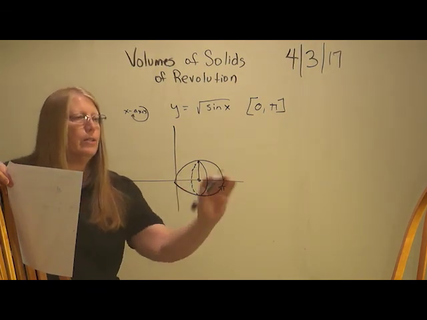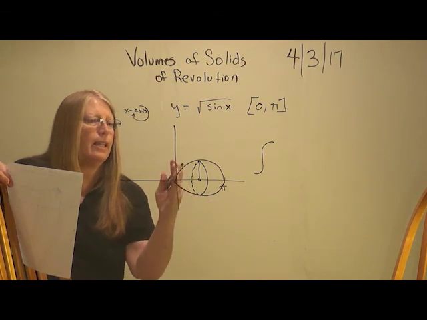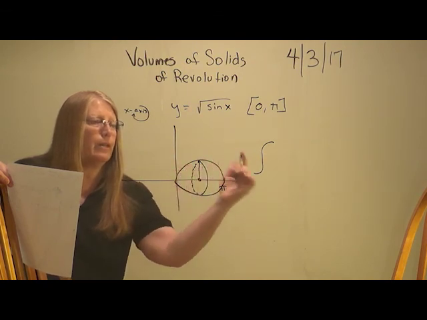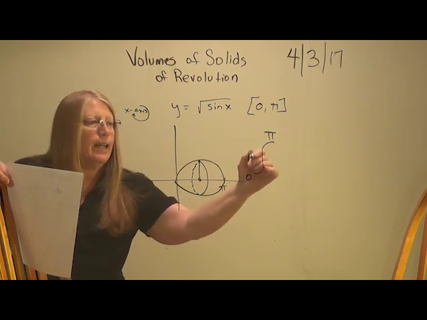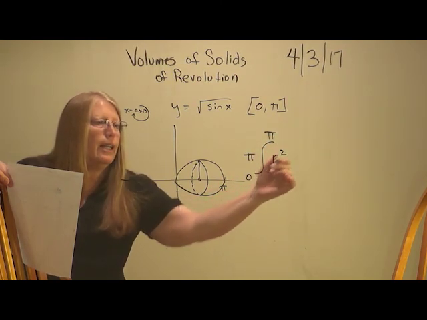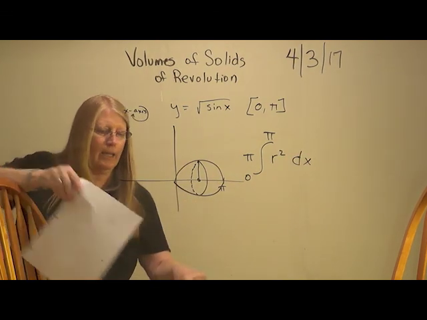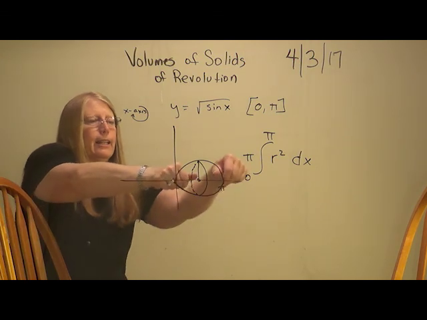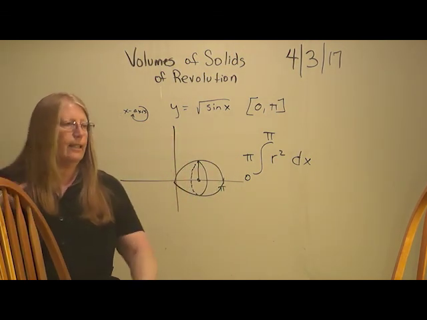Of course, I'm going to do that an infinite number of times with the integral. These slices are going to add up across the lemon from 0 to pi, pi r squared, and this thickness is dx. You can always tell, pretend it's a penny, and the thickness is right there, and that's a change in x.